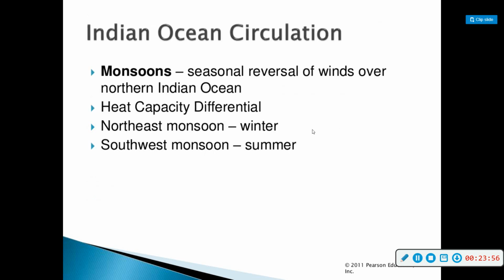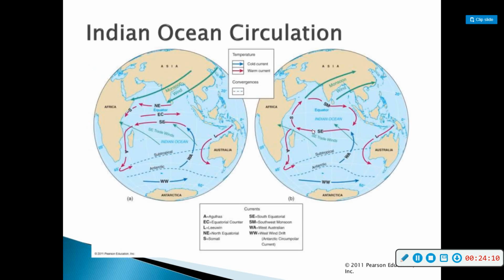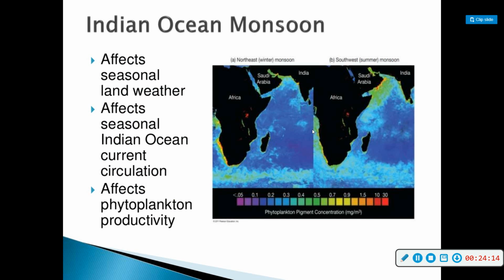So monsoons are the seasonal reversal of winds over the northern Indian Ocean. Heat capacity differential: northeast monsoon in winter, and southwest monsoon in summer. Then you have the Indian Ocean circulation, and your Indian Ocean monsoon affects seasonal land weather, affects seasonal Indian Ocean current circulation, and affects phytoplankton productivity.